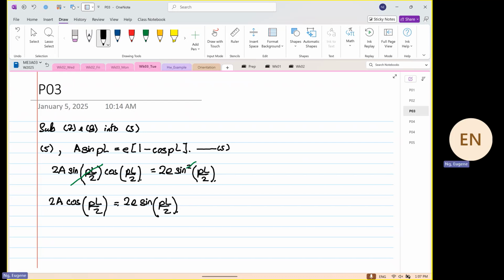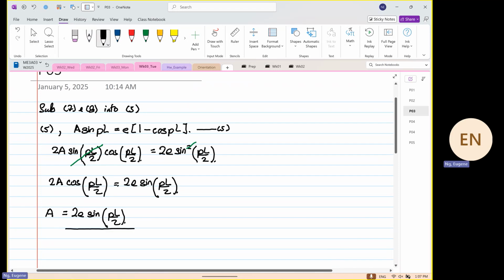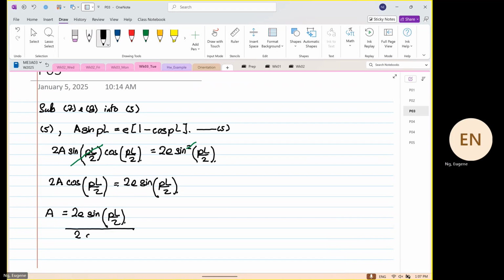So finally, we know that A will be equal to 2e sine P/2. And then we divide by the whole thing, 2 cos P/2.